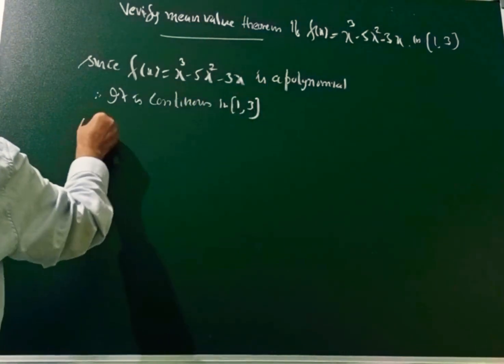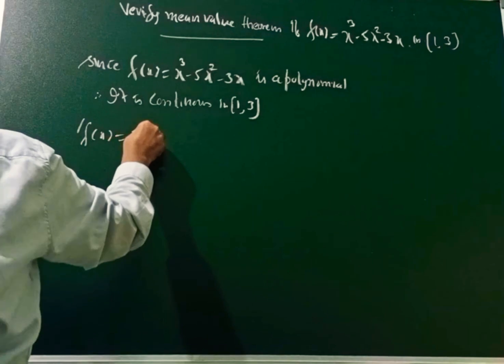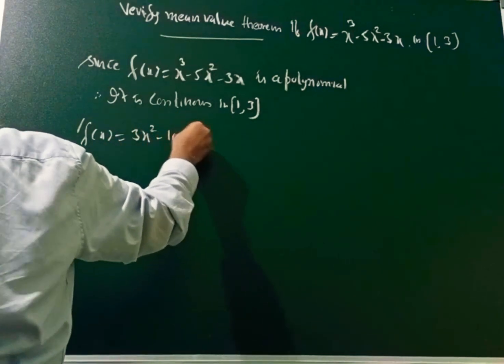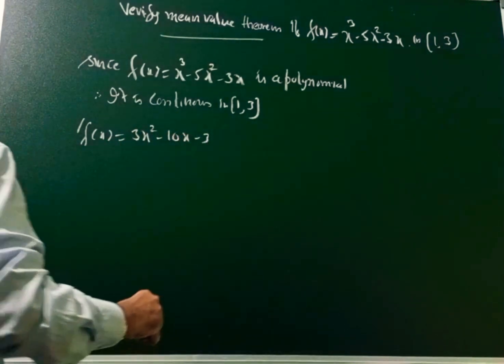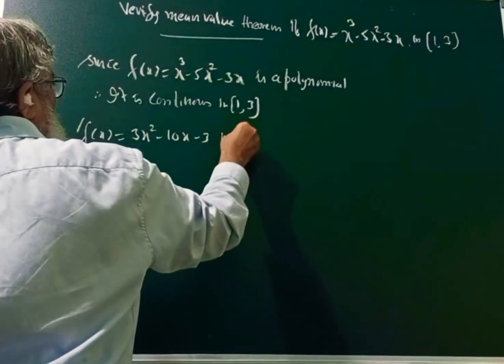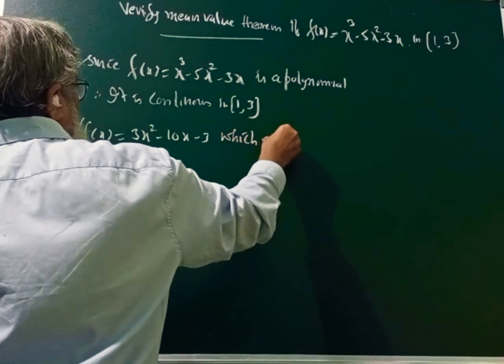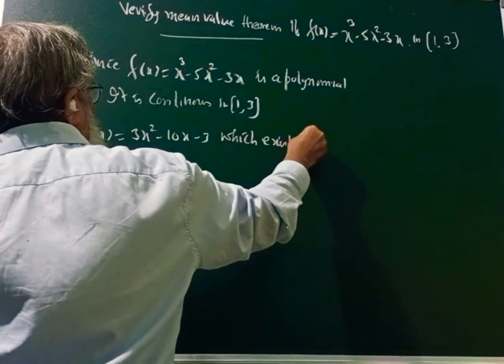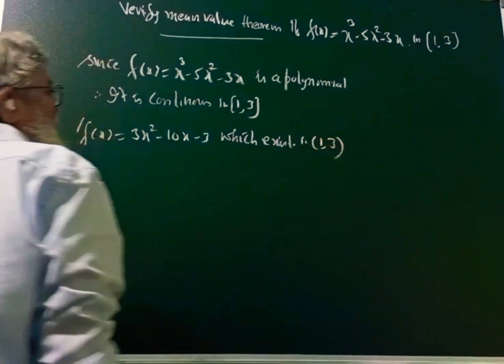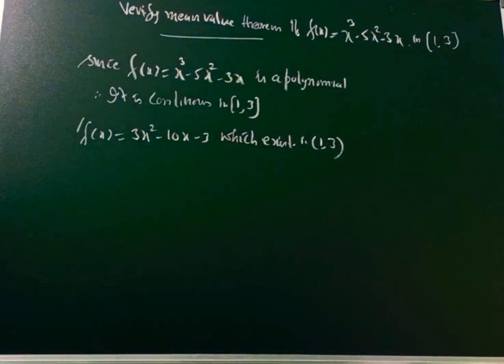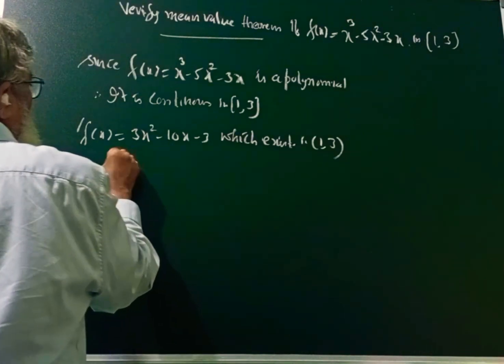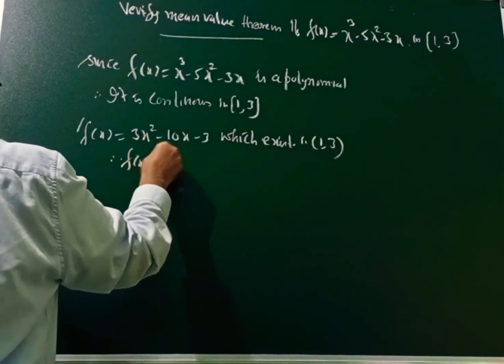And f dash x is equal to 3x square minus 10x minus 3, which exists in the open interval 1 3. It is not becoming infinite in this interval for any value. Therefore, f(x) is differentiable.